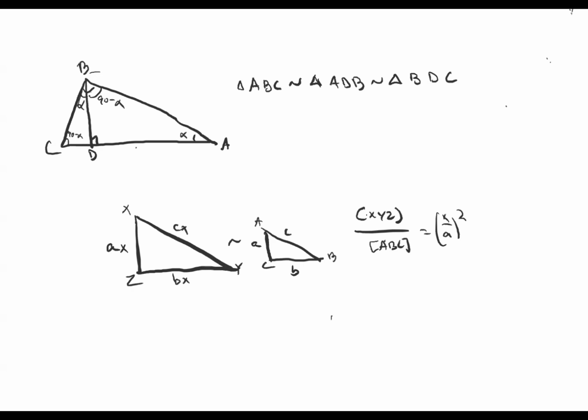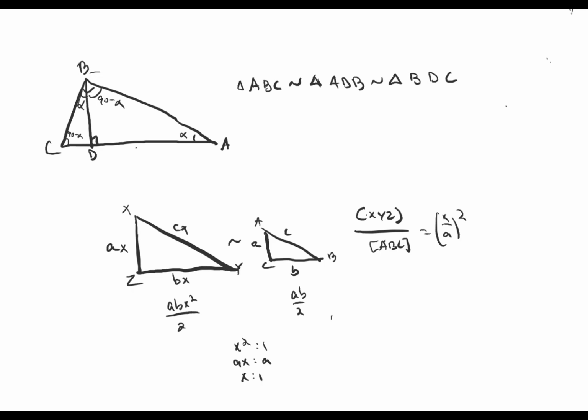So when we find the area, we find that this area is AB over 2 and that this area is ABX squared over 2. So the ratio of the area of XYZ to the area of ABC is X squared to 1, while the ratio of the side lengths is AX to A, which is X to 1.